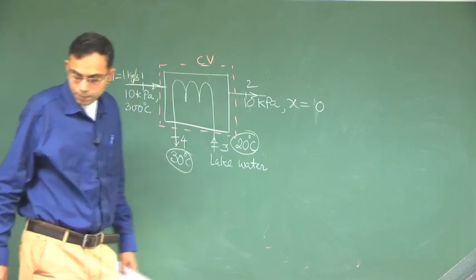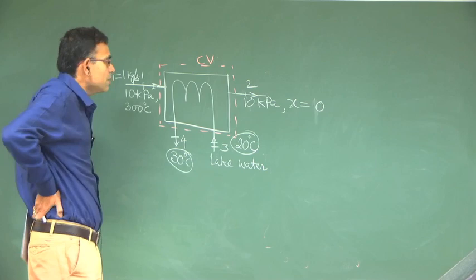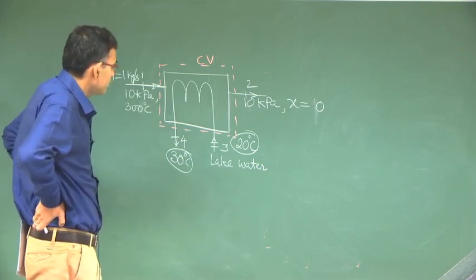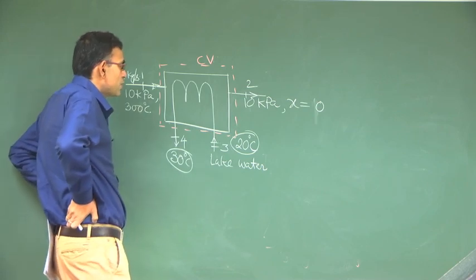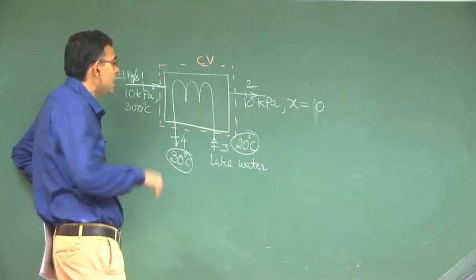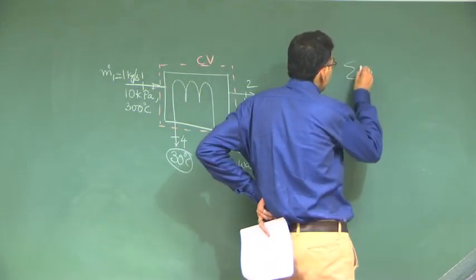So, before applying the mass balance and energy balance, there is a common sense issue that we need to sort out. If you are solving the problem for the first time and you do not have a clear idea what is happening, you can write the mass balance clearly.